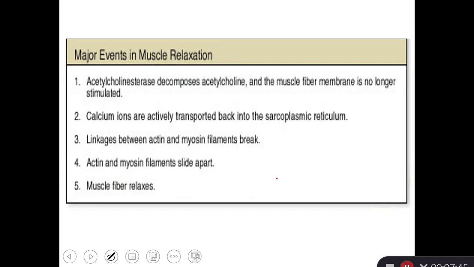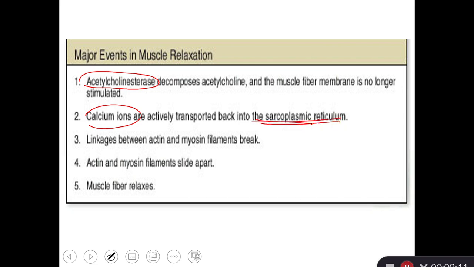Then what happens during relaxation? First of all, acetylcholine in the synapse is broken down by the acetylcholinesterase enzyme. No neurotransmitter is now in the synapse. Then no action potential goes along the sarcolemma. Now, calcium ions will go to be stored in the storage place, the sarcoplasmic reticulum.